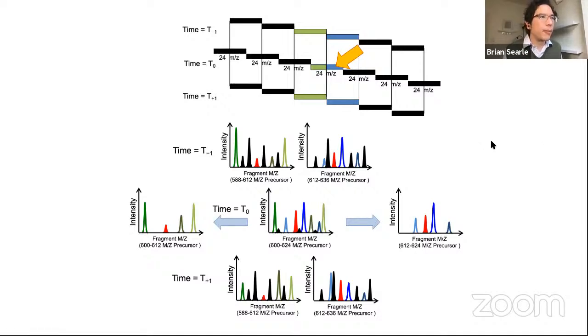Guthrie asks about using SIL peptides, or stable isotope labeled peptides, for doing DIA analysis with Encyclopedia. Right now, the only way to integrate those with Encyclopedia is to actually have them in your library as well.